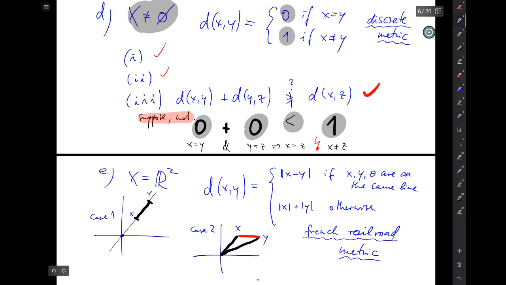Now you can guess why this is so. Well, maybe let me tell it to you. Apparently in France, if you want to travel by train from town X to town Y, you almost always have to travel via Paris, which is the origin of France.